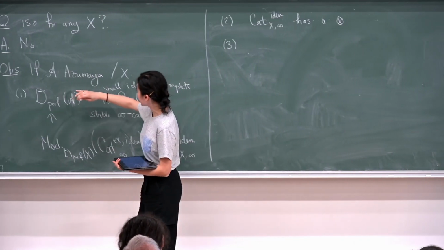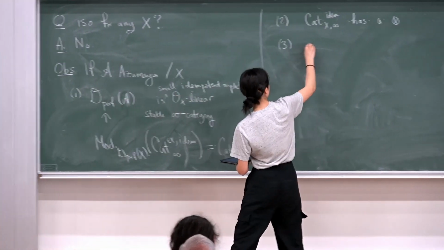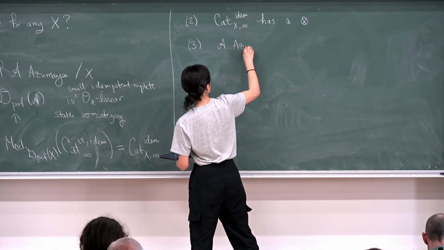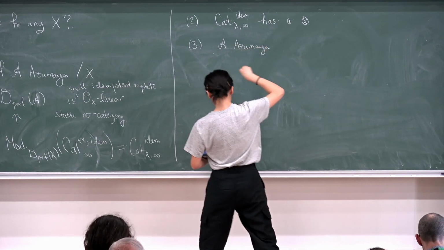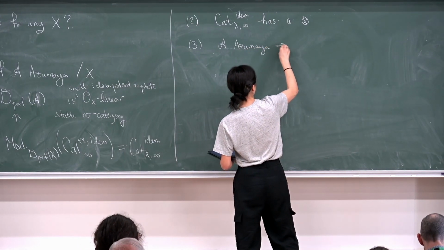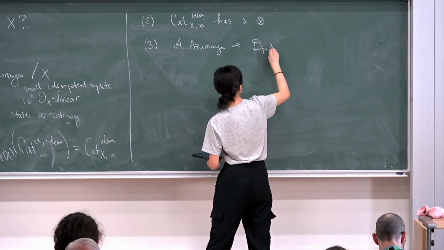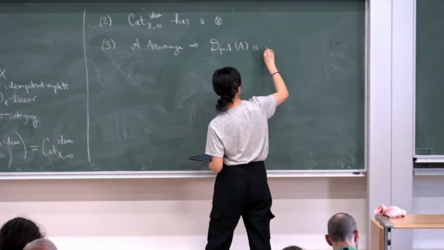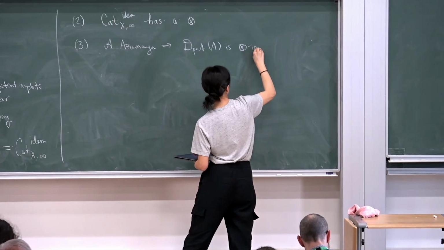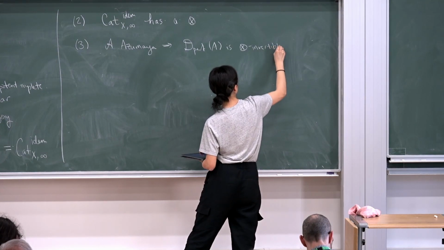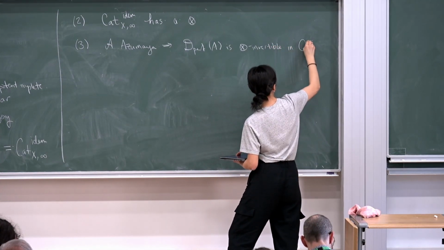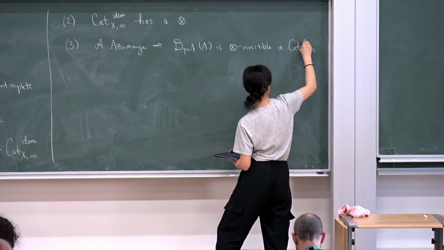And then the final observation I want to make is that the condition that A is Azumaya actually implies that Dperf of A is tensor invertible in Cat X infinity idempotent complete.